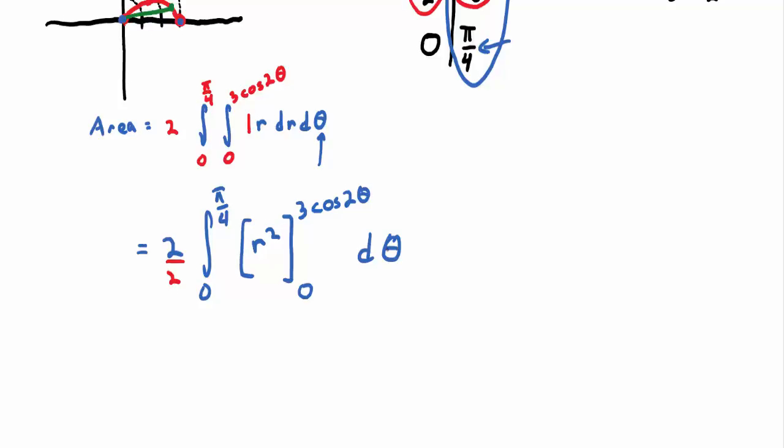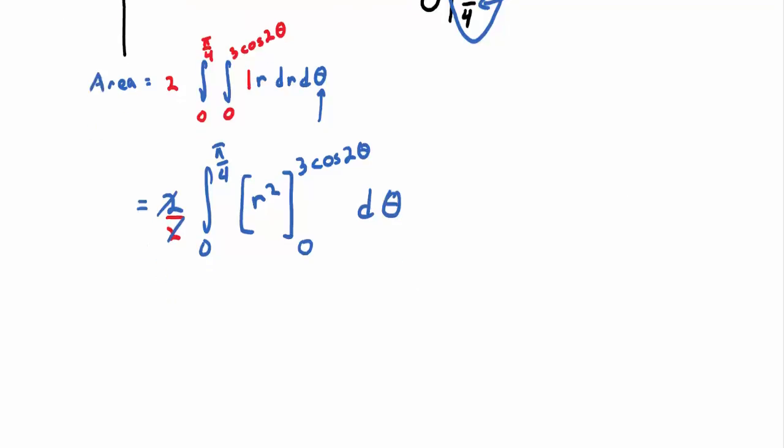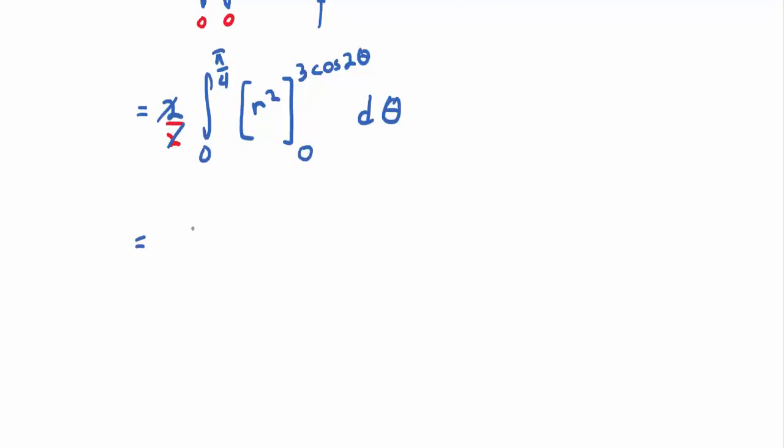And look how it's just going to be much nicer to evaluate now because the 2's cancel on the outside. And what do we get when we apply the fundamental theorem? We just get 3 cosine of 2 theta squared, which is 9 cosine squared 2 theta minus, well, 0 squared. Is that going to do much? No. So I'm going to write it like this.